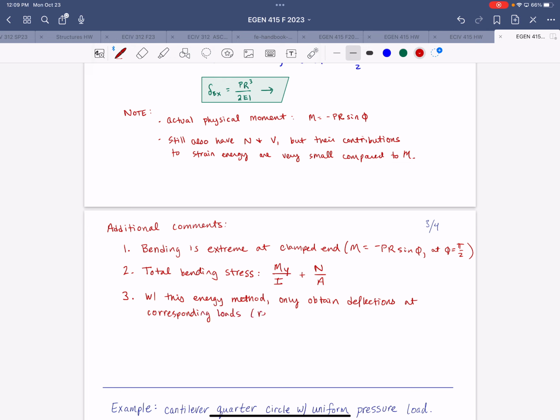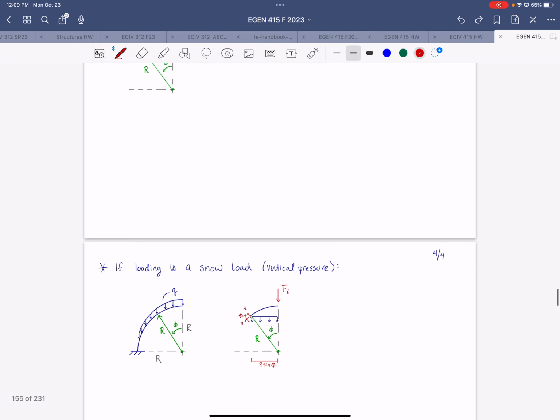And it doesn't matter if they're real or fake. And then the last point, for indeterminate structures, the deflection calc is necessary.